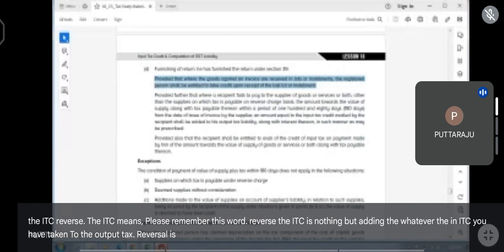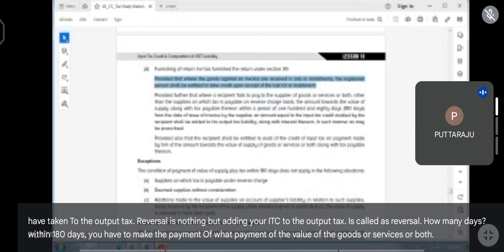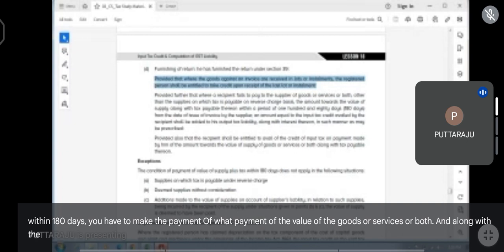Within 180 days you have to make the payment of the value of the goods or services or both, along with the tax thereon, to the supplier, from the date of invoice.